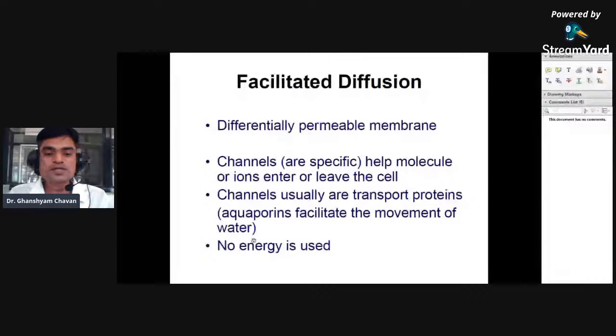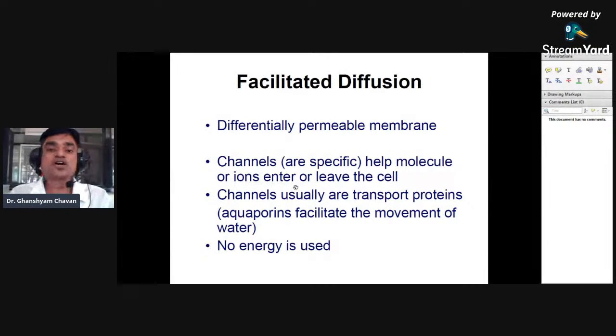It occurs across a permeable membrane, for example our plasma membrane. In that plasma membrane, channels are available: sodium channels, chlorine channels, potassium channels. Across the channels, the exchange of ions will occur.